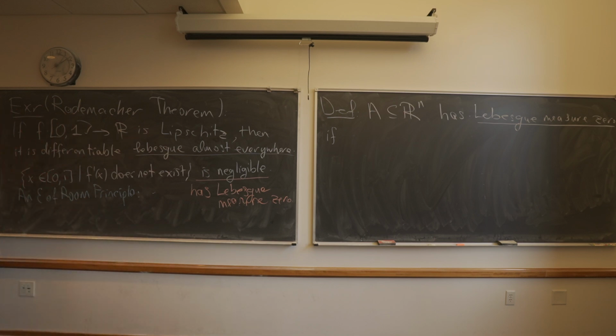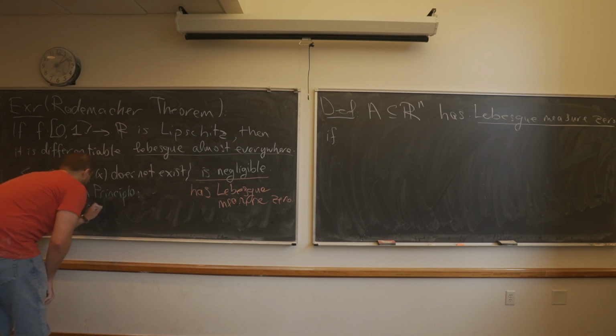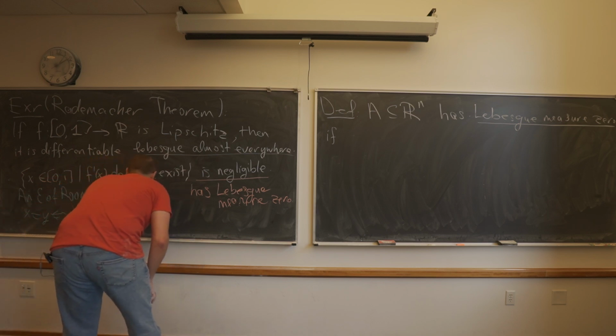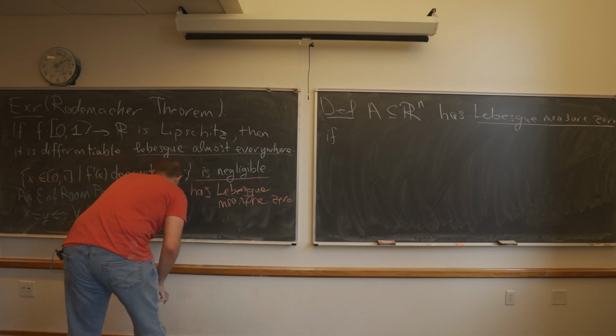Maybe I should write it more generally. In a metric space X, two points are the same if and only if for any epsilon positive, their distance is less than epsilon.